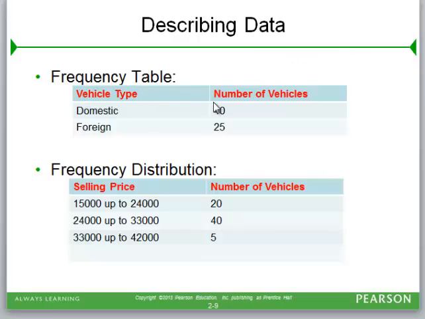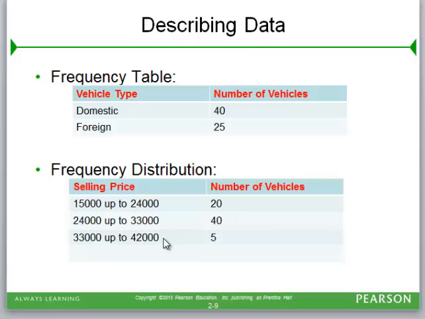For example, from the frequency table we can tell that most vehicles that this particular dealership carries are domestic cars, and most of its cars fall into the price range of 24,000 up to 33,000.